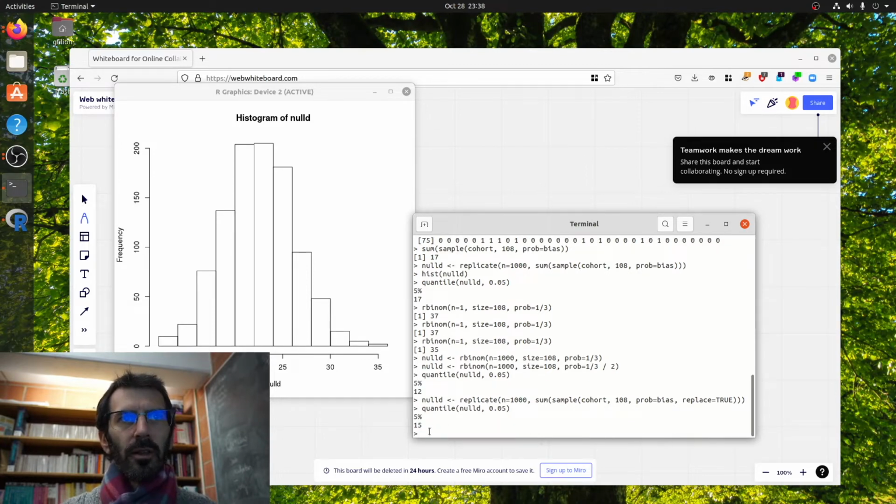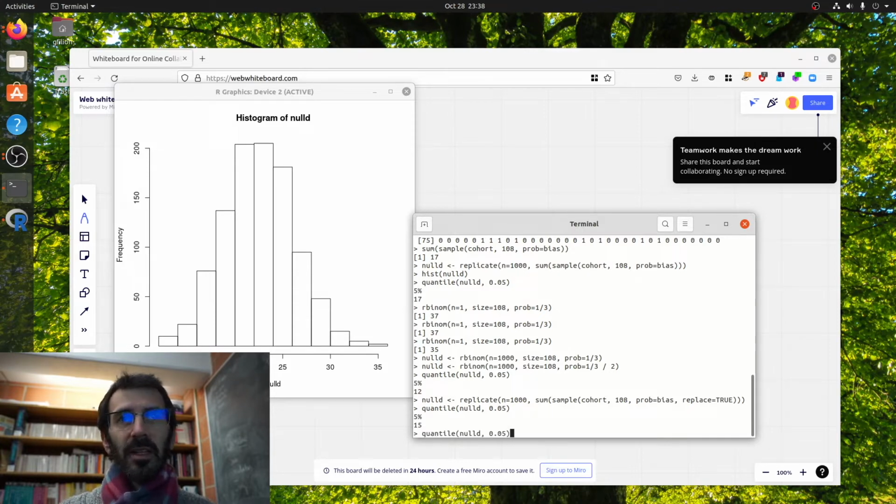Let's check that. Not quite. We went from 17 to 15, but this is not exactly the same as what we had with the binomial distribution, which is a threshold of 12. So what is happening?